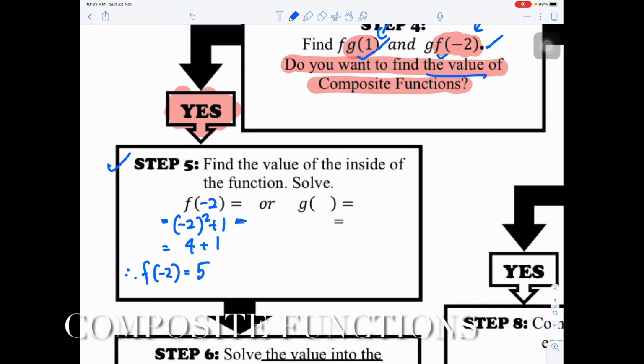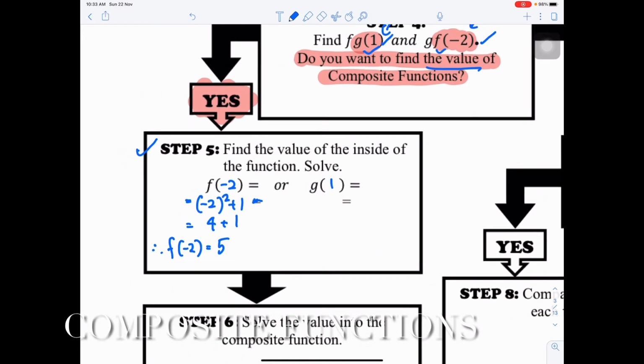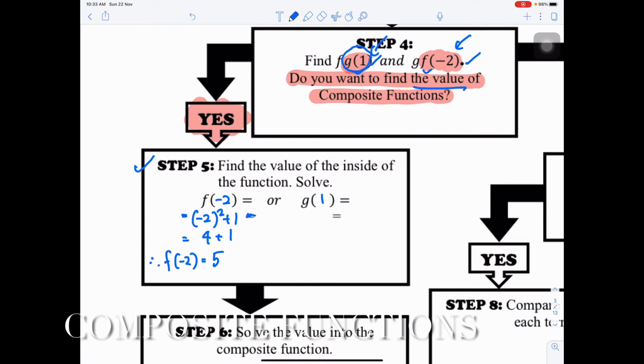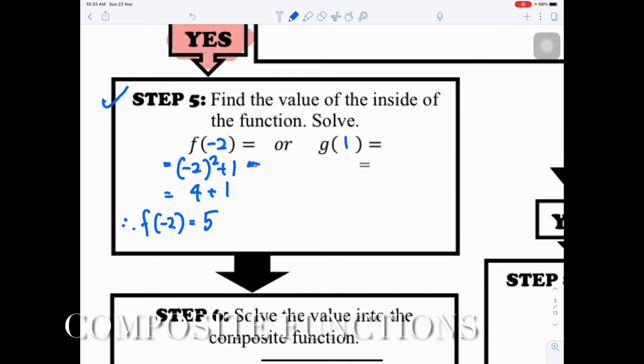Then g(1): remember we must find the value inside first. So 1 minus 3, therefore g(1) equals negative 2.